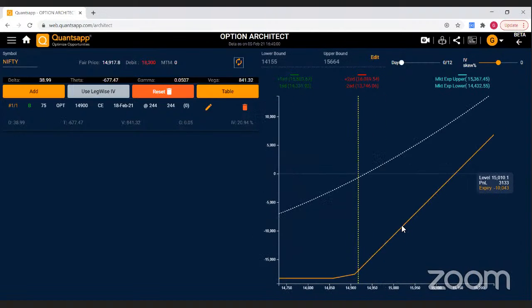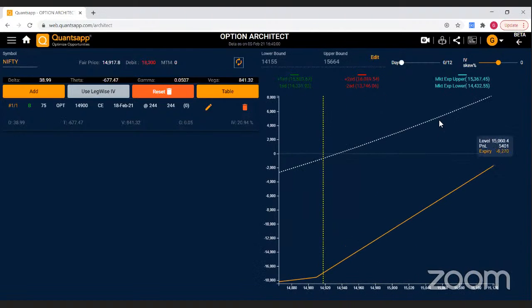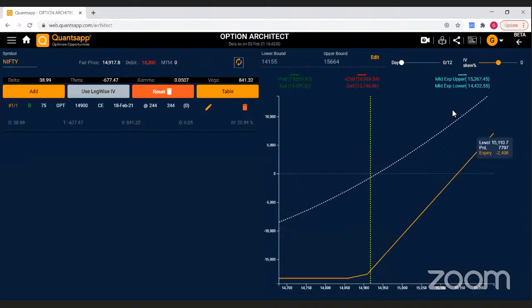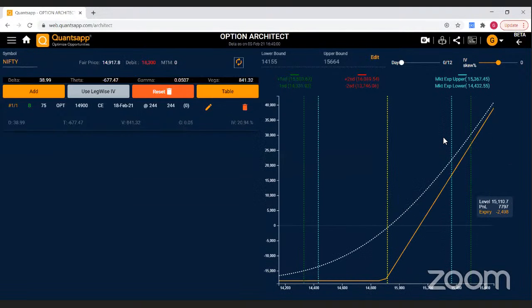Suppose the underlying went to the level of 15,110, almost a 100 point movement from the current price. The option is going to benefit from the underlying movement. But on the same time, if the movement comes right at the end, you will be losing the premium.